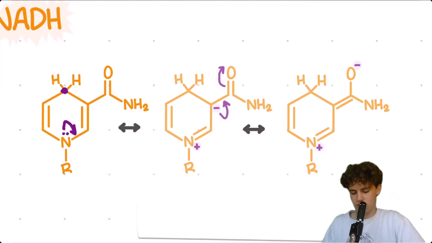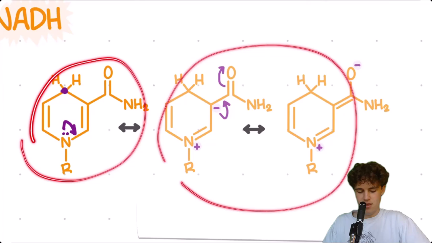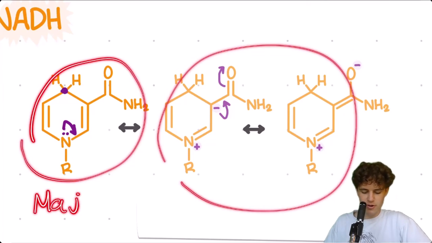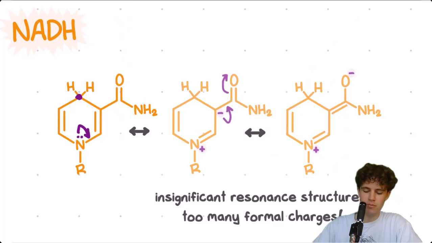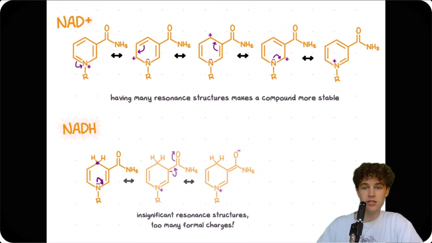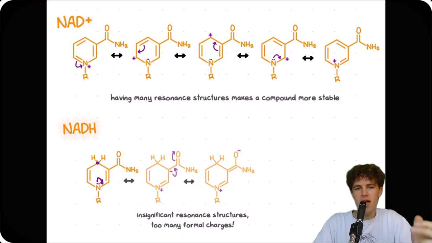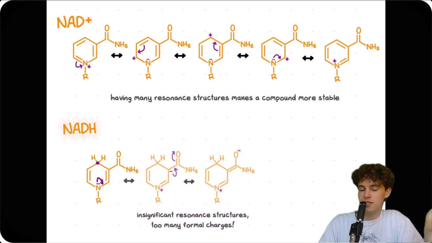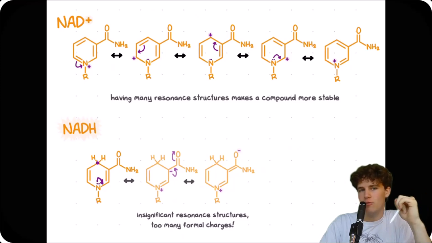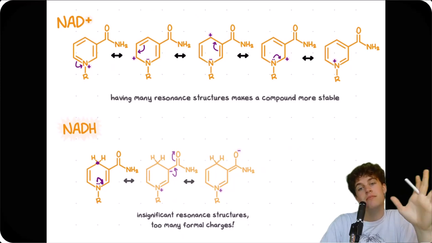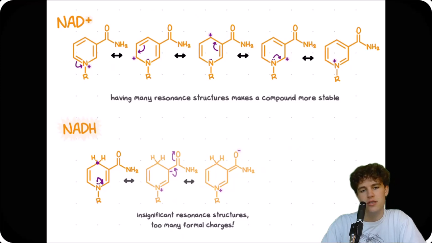Because these resonance structures have 2 formal charges, and this one has none, that makes this a major contributor to resonance, and these minor contributors. NADH resonates poorly, while NAD+ has great resonance. I can use this as a way to argue that NADH, since it has worse resonance, is actually less stable and more energetic, whereas NAD+, its resonance makes it more stable and less energetic. Stability and energetics are inversely proportional.